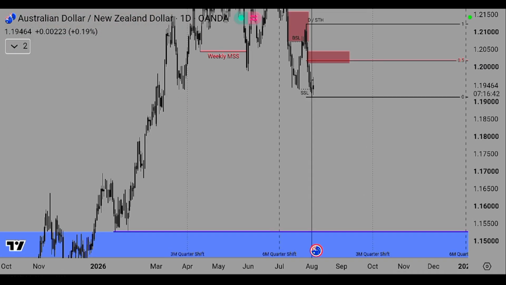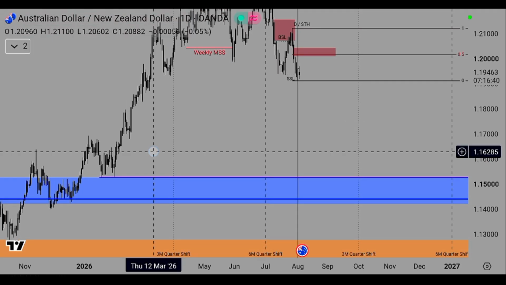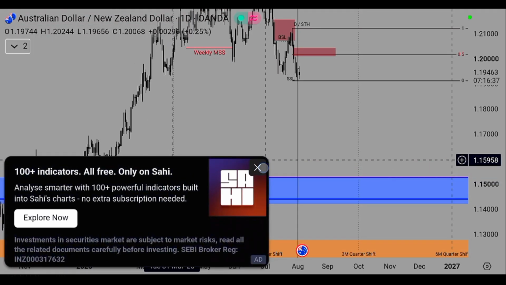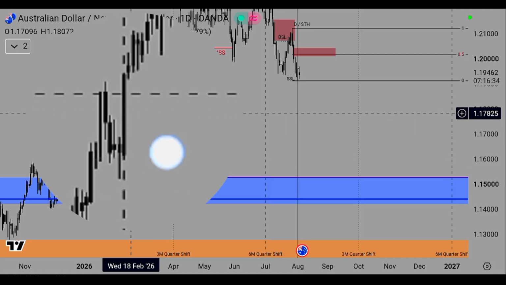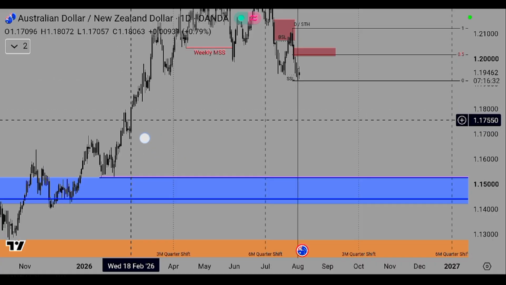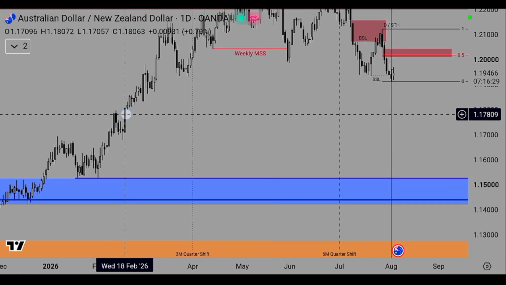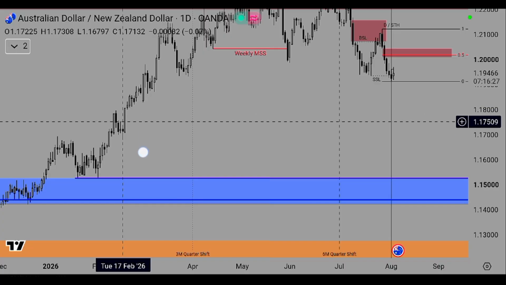I hope you understand. And our first target is this buy side imbalance, sell side inefficiency here, because it is an aggressive move.